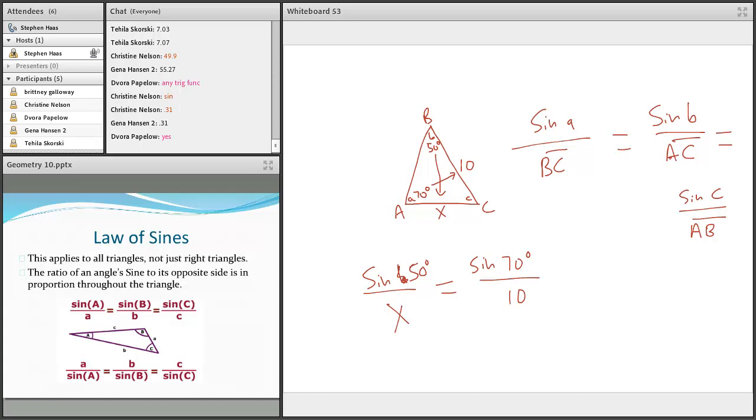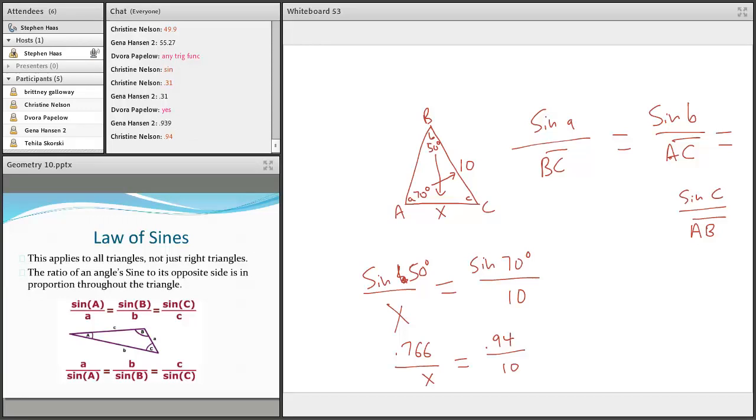So let's say sine of 50 is 0.766. So I would turn this into 0.766 divided by x equals the sine of 70, which is 0.94 is to 10.